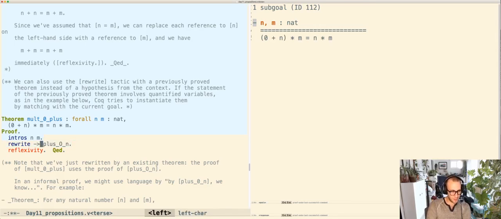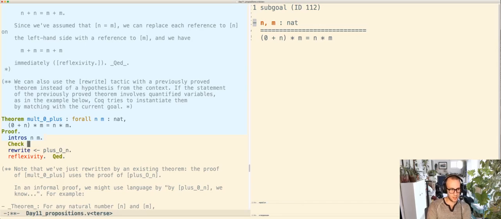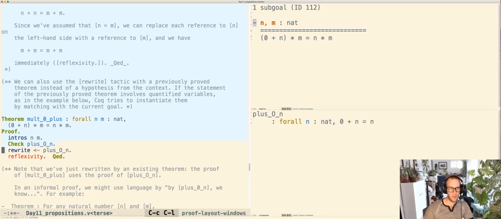Now, thinking about direction here, what happens if we go the other direction? Think about it for a second. If this is what the statement of the theorem is, what's going to happen when we rewrite from right to left?